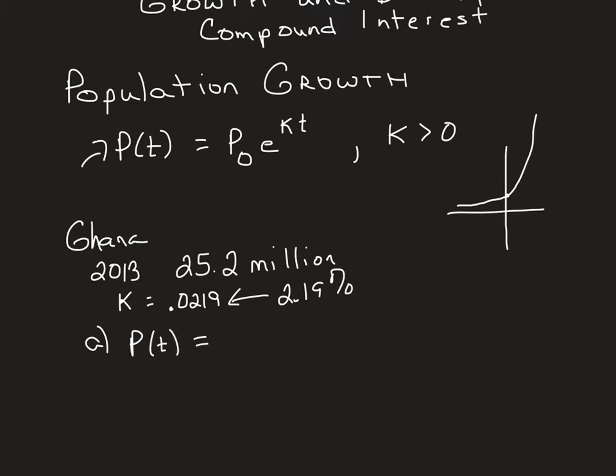Our population at time 0 is 25.2, times e to the 0.0219t. And that simply is the growth function for the population of Ghana. Not too hard to do. Notice we have our initial population here and our growth rate here.